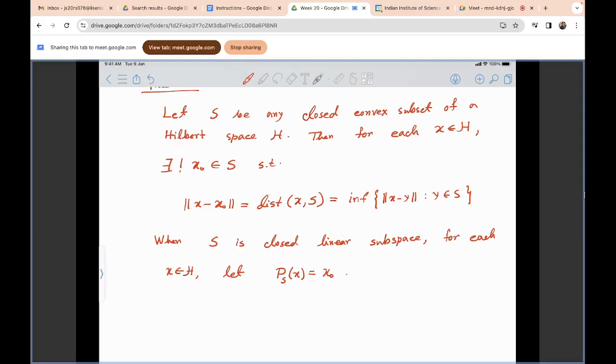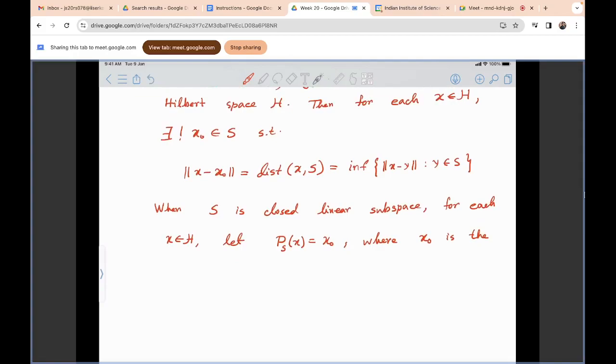That unique point we call the projection of x, where x naught is the unique point in S closest to x.